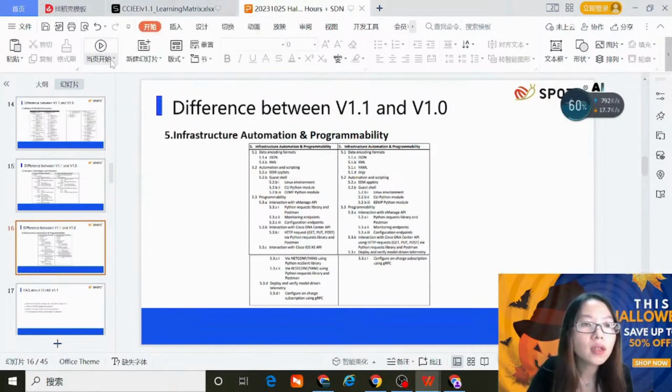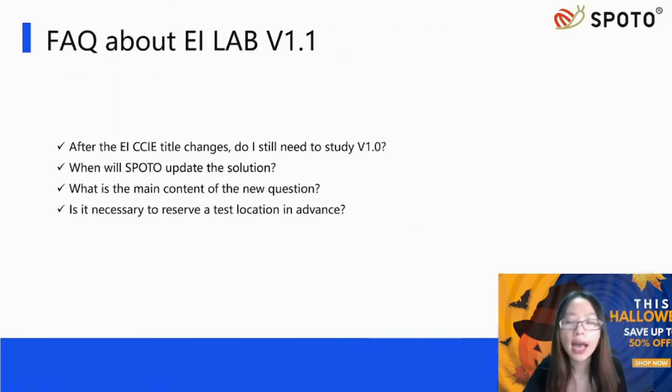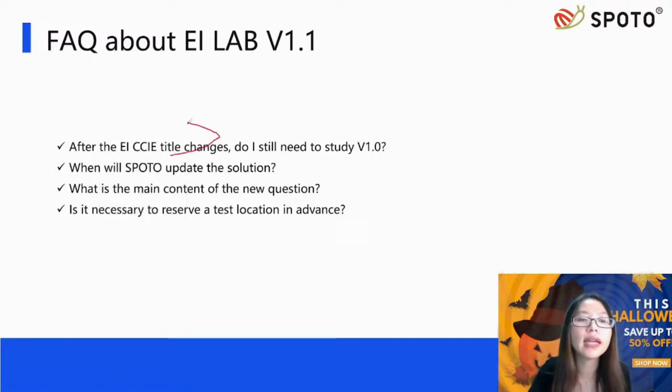Okay, so the following questions are currently asked by many friends. So the first one, after the CCIE Lab title changes, do you need to study version 1.0? Okay, if you haven't taken part in the old version, you can learn it by yourself.